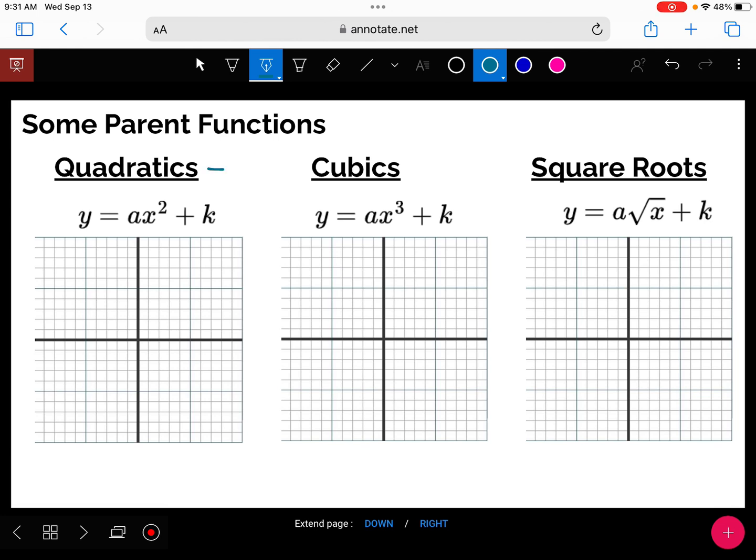The parent function is y equals x squared. When we're doing parent functions, we're often going to want our parent table where we pick x's and plug them in to find y's.